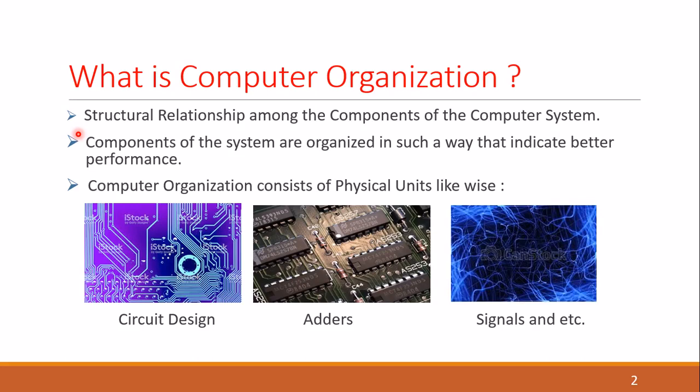Computer organization is the structural relationship among the computer system components. It tells exactly how to arrange all units in the system and how to make interconnections among the components.